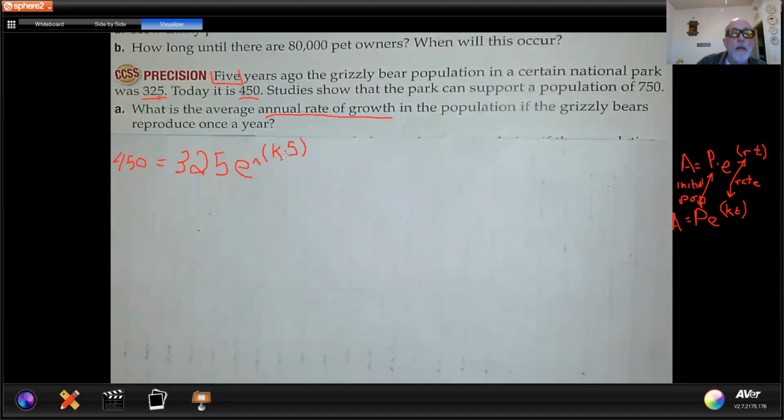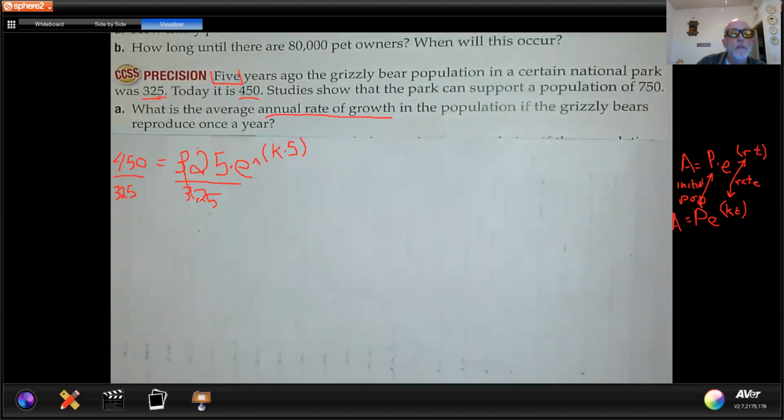So can I find K? Yes, I can. This is a problem just like what we did yesterday. You have to get K by itself, right? So that means you have to get E by itself. So what's holding the 325 to the E is multiply. So I'm going to divide by 325. 450 divided by 325.